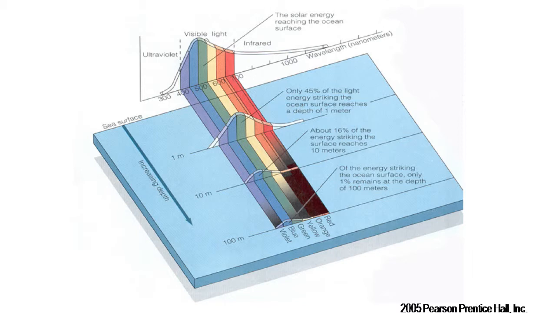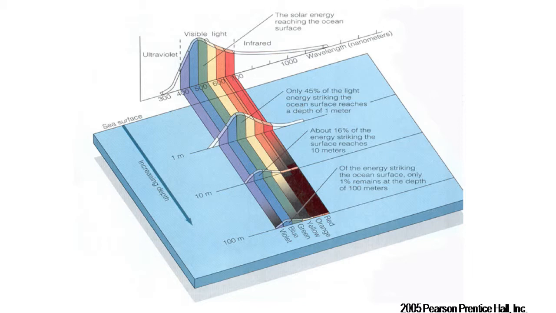However, at around 1 meter, depending on the turbidity of the water, only about 45% of the light from the surface reaches 1 meter, until you get to 100 meters where there's only 1% remaining of the light that was found in the ocean surface.